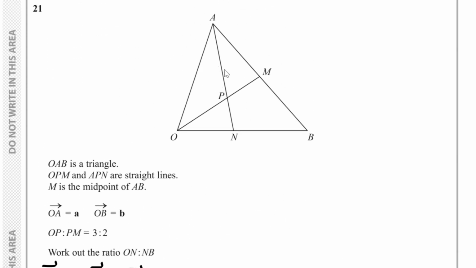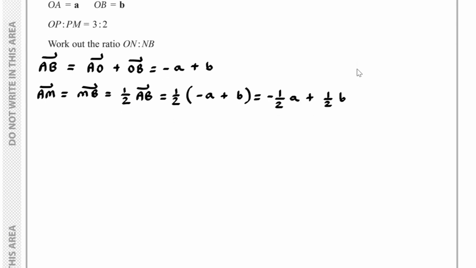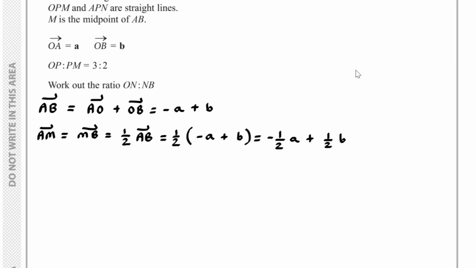And now what I can do, because I know what AM is, I know what OA is, I can find the vector OM. So the vector OM, that's OA plus AM.